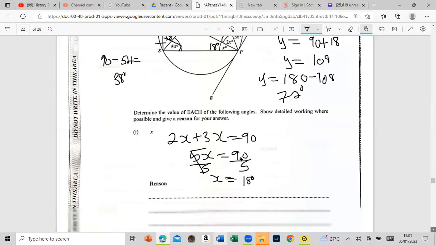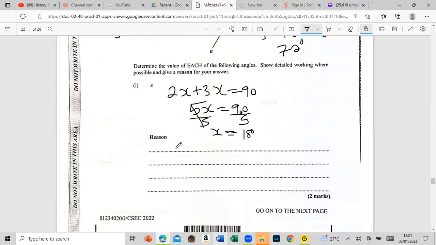So x is 18, and we know that the angle between the radius and tangent is 90. That's the reason, I have to get the reason, guys. Angle between radius and tangent is 90 degrees.